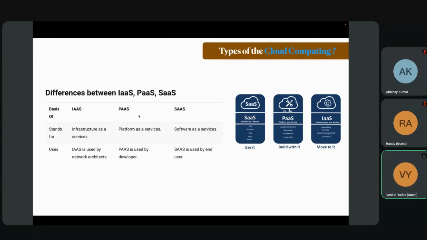Okay, a simple example. SaaS means we give software as a service to the customer, the end user. PaaS means platform as a service, where we give a platform to the developer to develop things.